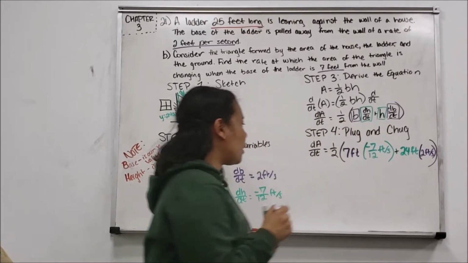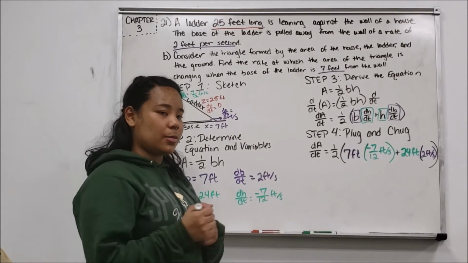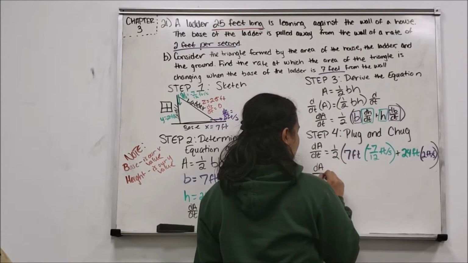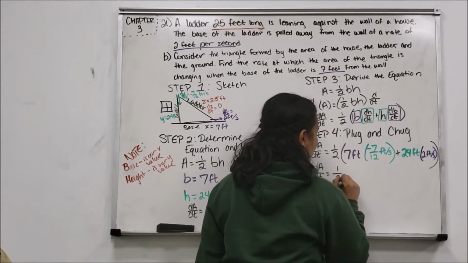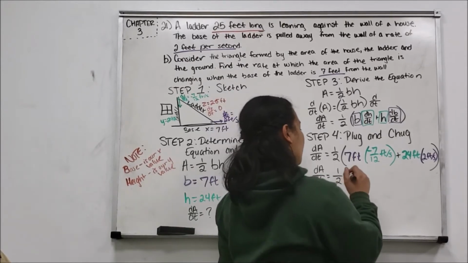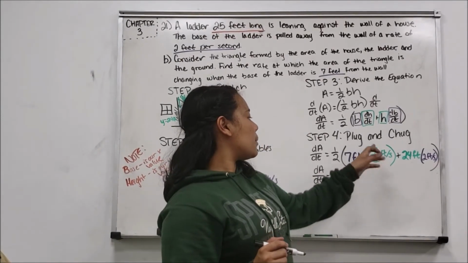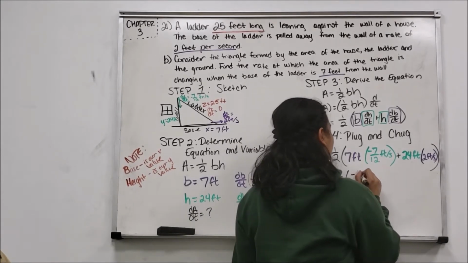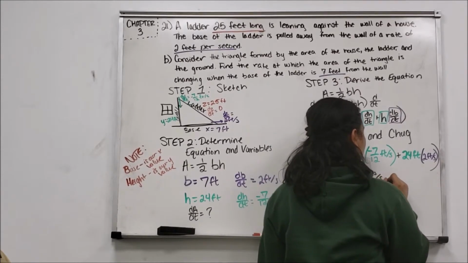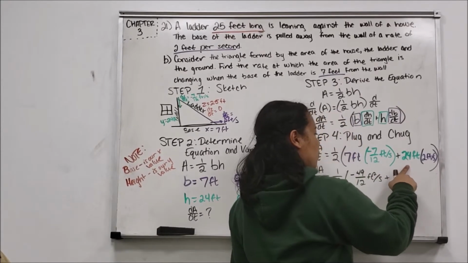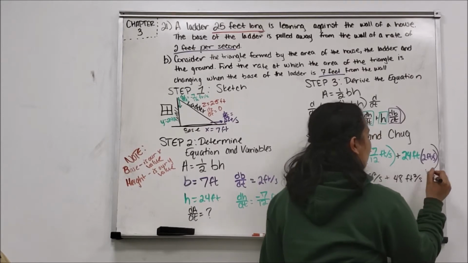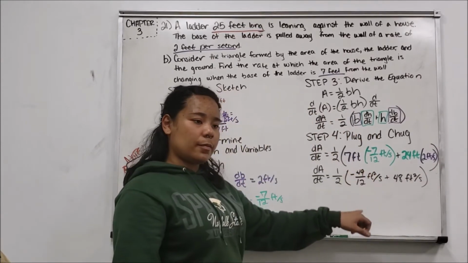That's one whole thing. All right, and now we're going to simplify until we get an answer. So I'm just going to use a black marker to simplify a little bit. So we have dA dt equals 1/2. And then -7 times 7 is 49. So I'm going to have -49 over 12 feet squared per second, plus 24 times 2 is 48 feet squared per second. The reason it is squared is because I have a feet times a feet.